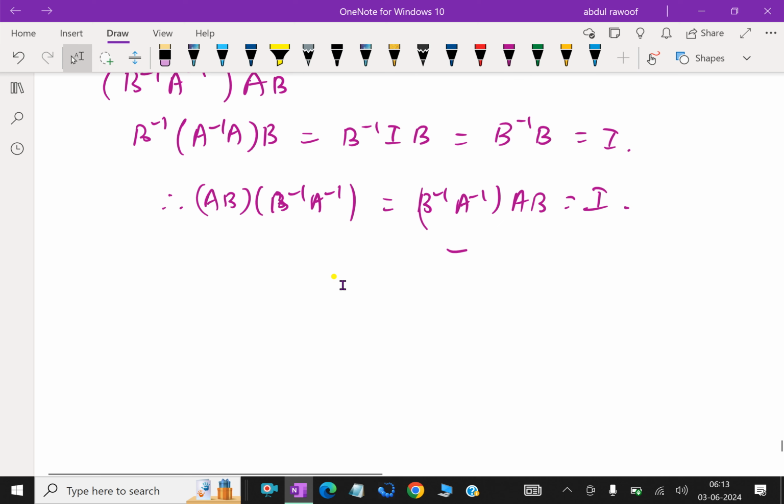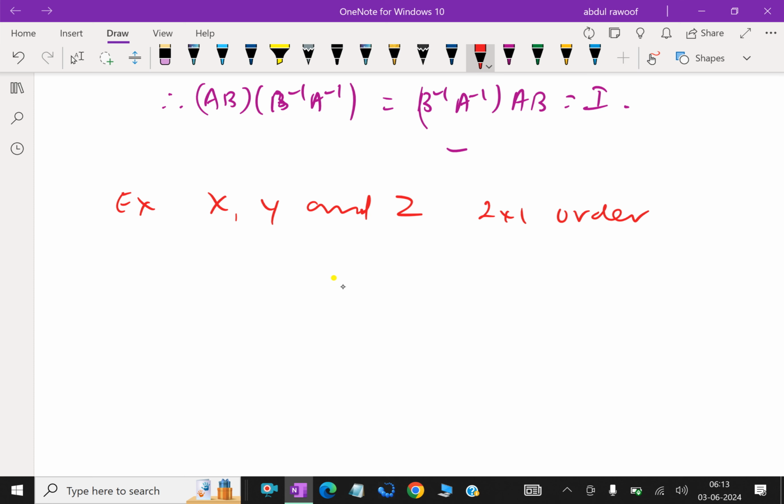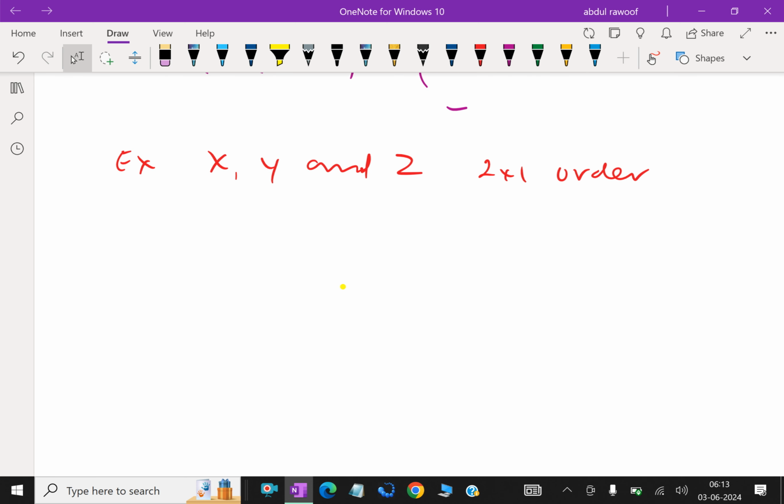Next, suppose x, y and z are one order matrices, and A and B are 2 into 2 matrices and invertible.